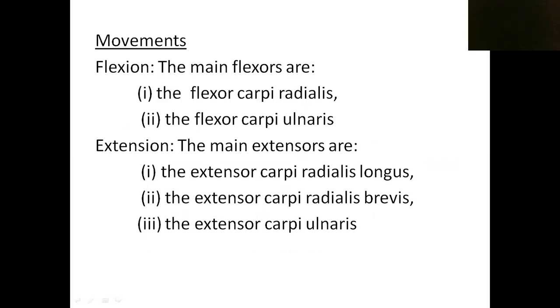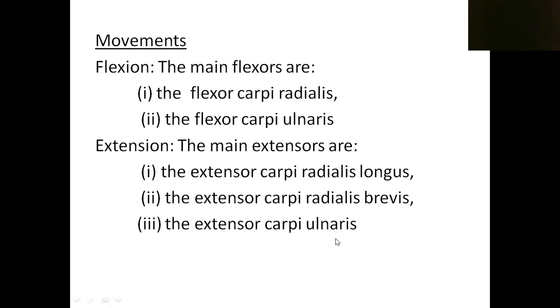What are the muscles helping these movements? Flexion is mainly by flexor carpi radialis and flexor carpi ulnaris. Okay, then extension is mainly by extensor carpi radialis longus and extensor carpi radialis brevis. One is long, so longus, the other one is short, so brevis.